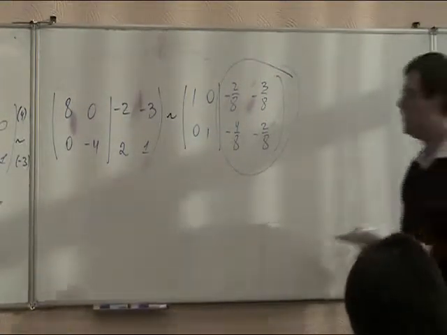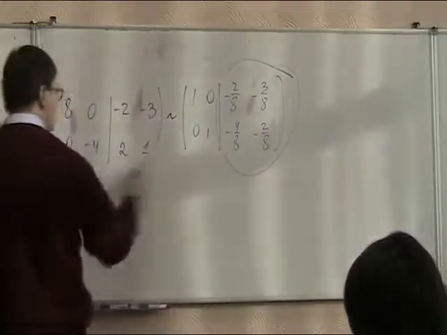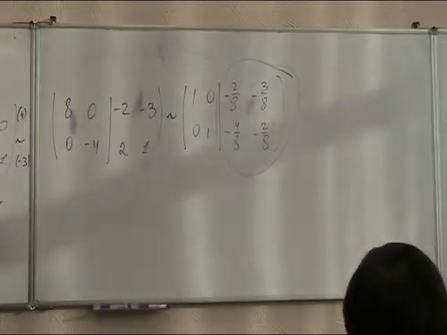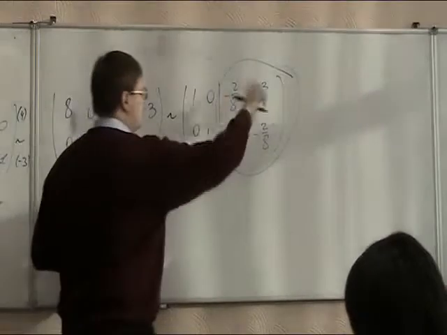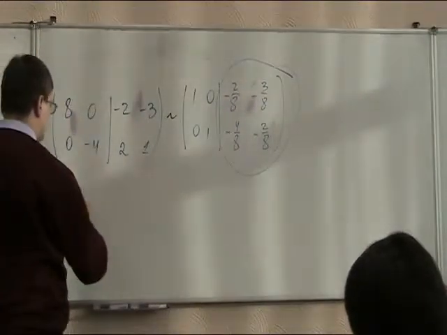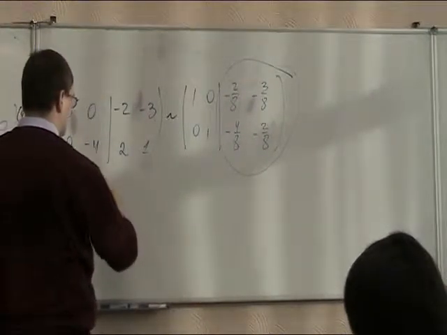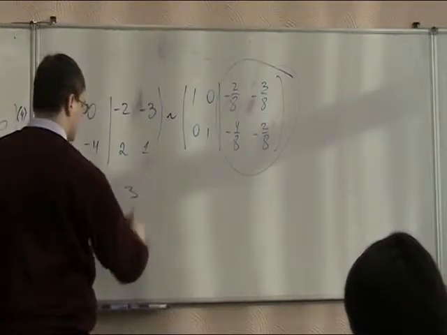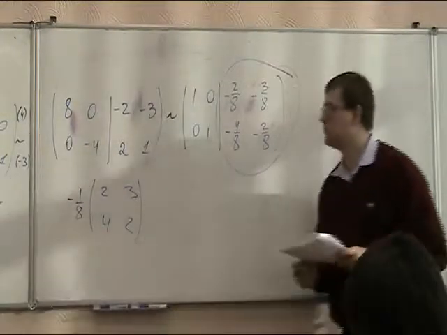How do we check this? We multiply this matrix by our initial matrix. So this matrix is basically -1/8 times the matrix, correct?